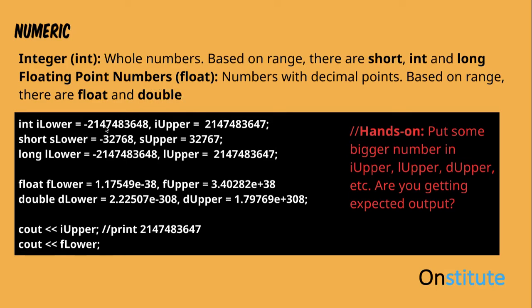Now, in this slide, you can see that C++ integer or floating point numbers have some lower ranges and some upper ranges, meaning beyond this range, C++ cannot operate. This is just like the fact that your brain has some processing power.